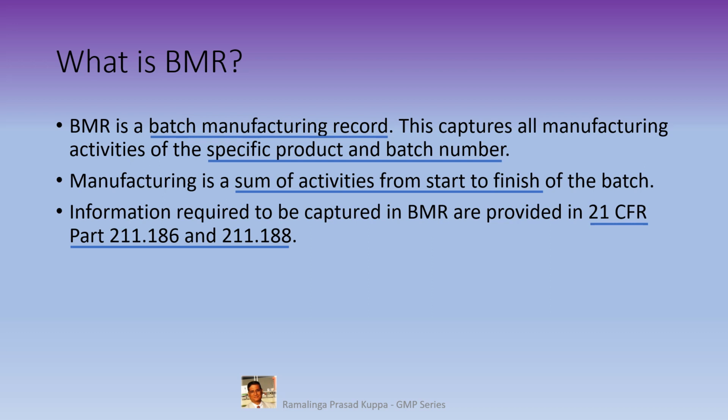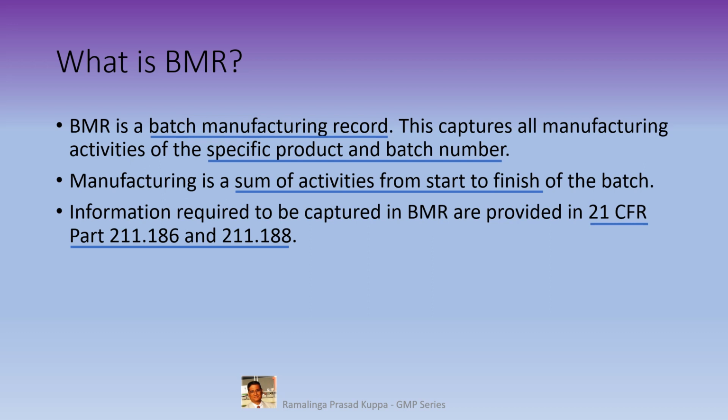One important differentiation between the master BMR and executable BMR is that the master BMR is the mother document from which a copy is taken for execution of the batch. Master BMR is common for all batches, but executable BMR is only for the specific batch.